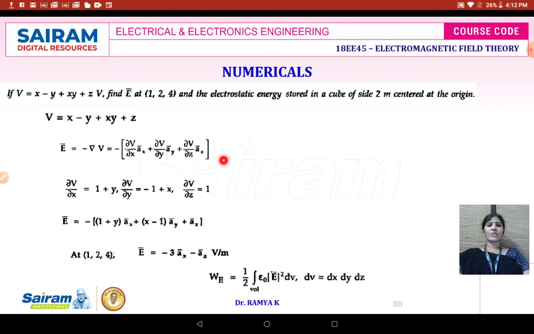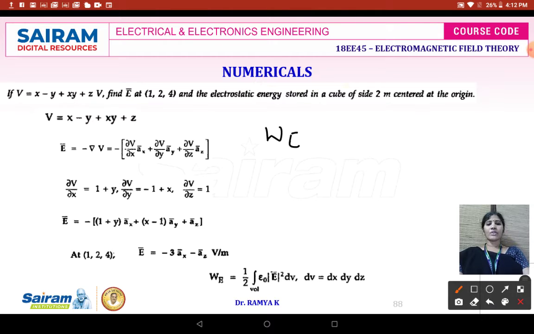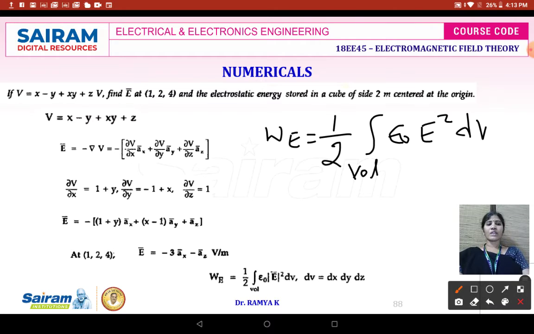Next, we need to identify the value of electrostatic energy stored. The energy stored WE is equal to 1 divided by 2 integral over the volume of space epsilon naught E square into dV. This is the energy stored formula.